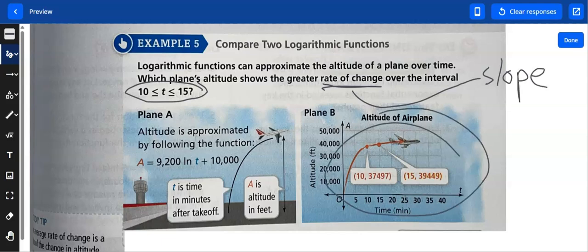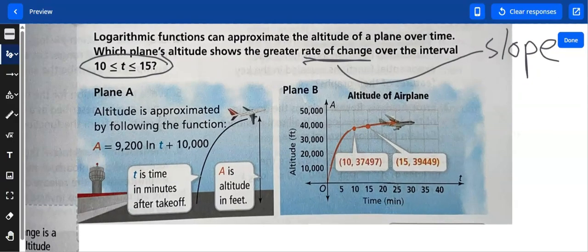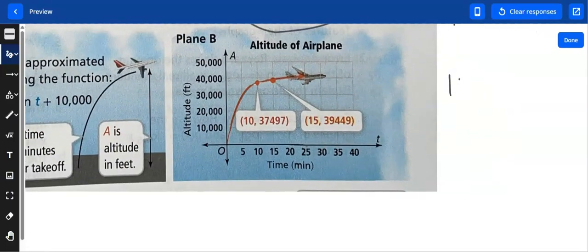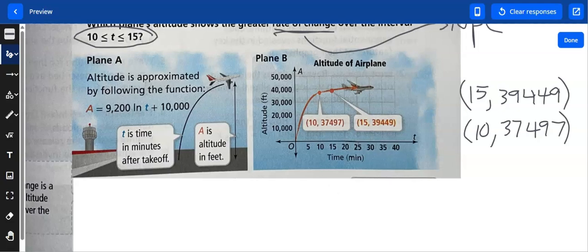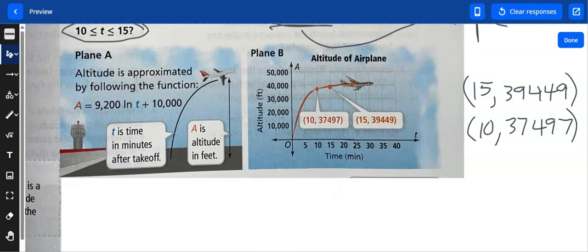For the graph on the right, do we have two coordinates already? Yeah, we know exactly what coordinates we're using. I have always recommended that you write those coordinates vertically so that you do not mix up your X's and Y's. Does the first one give you the coordinates, or do you have to figure them out?